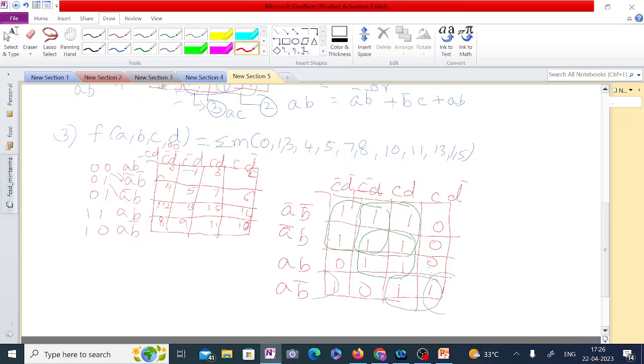So this first quad, okay, what is the expression for this? This is the second one, this is the third one. So totally, or what you can do is you can take this as one quad only.